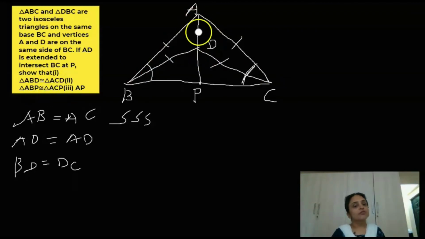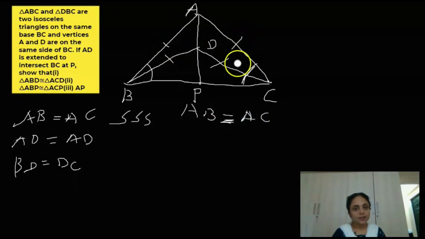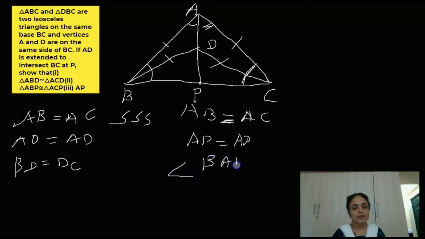Now, we have to prove that triangle ABP is congruent to triangle ACP. How will we do that? First, we can write that AB is equal to AC. Now, AP is equal to AP, right? And since we have got that triangle ABD is congruent to triangle ACD, angle BAD is equal to angle CAD, which means angle BAP is equal to angle CAP.